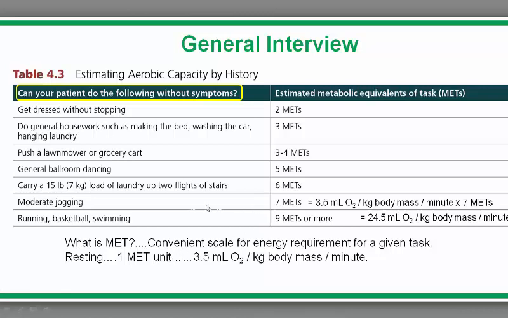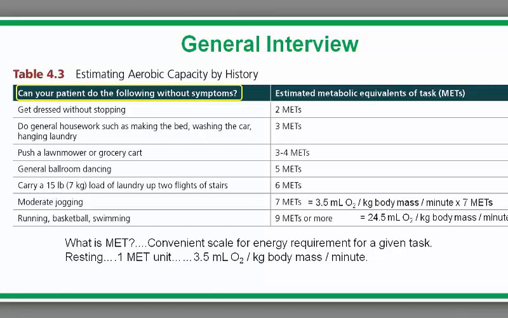As an example, if we take a look at a task such as moderate jogging, we see that moderate jogging is assigned a value of 7 metabolic equivalents. And so if we multiply the metabolic equivalent under rest of 3.5 mL of oxygen per kilogram of body mass per minute by 7, we see that on average we can assume that the adult will consume approximately 24.5 milliliters of oxygen per kilogram of body mass per minute.